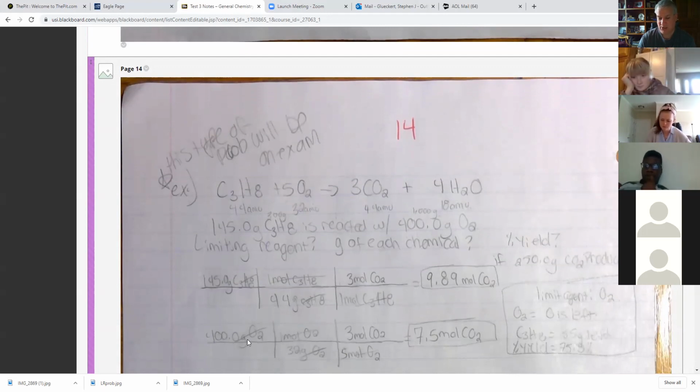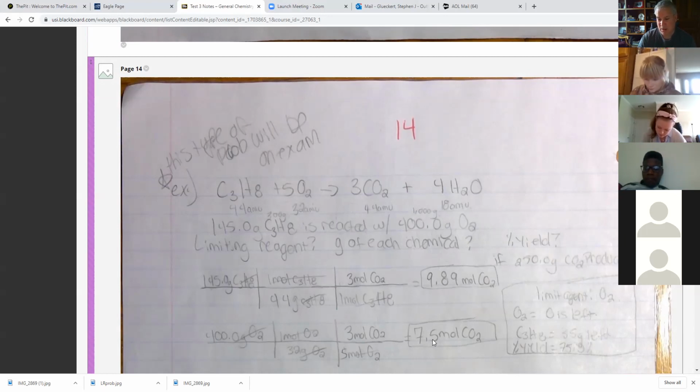So your scheme is grams of O2 to moles of O2. Once you have moles of O2, go to moles of CO2 by using the mole ratio in the equation. Running through that calculation, I got 7.5 moles of CO2.